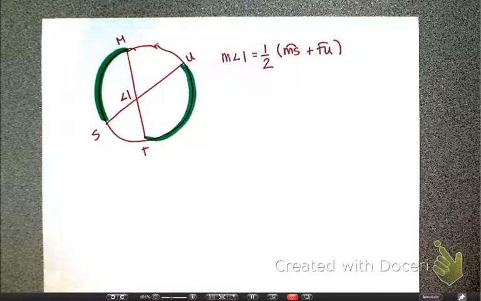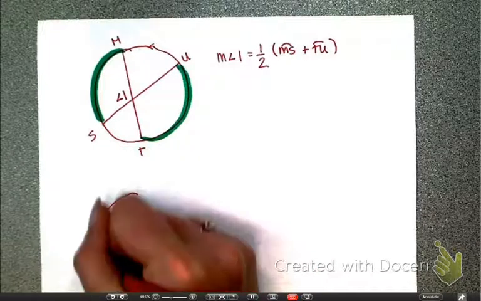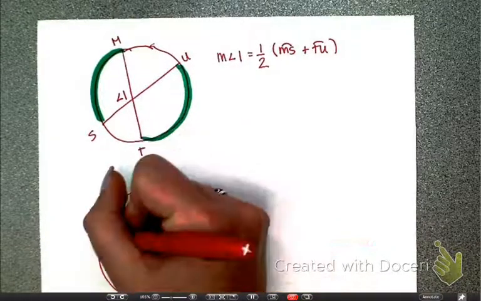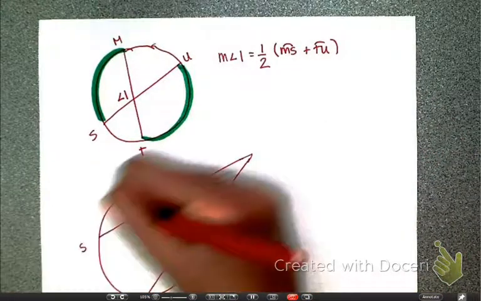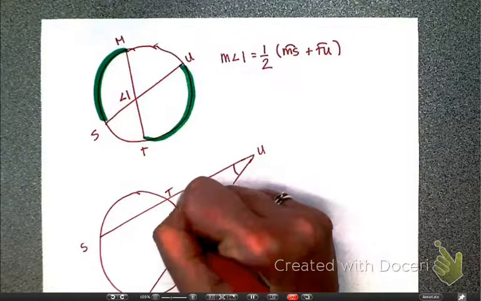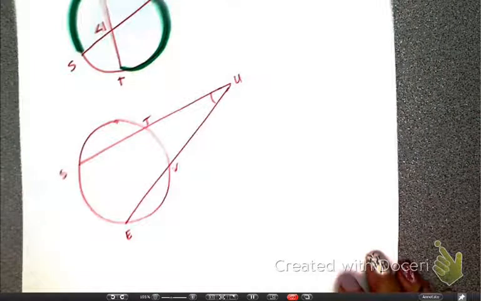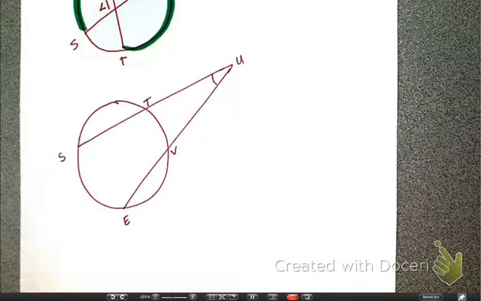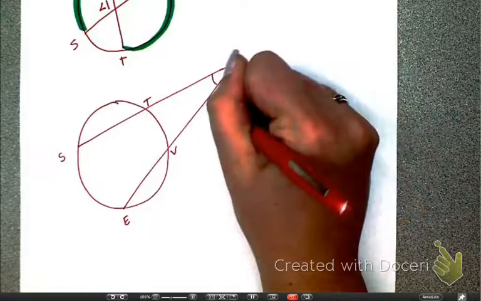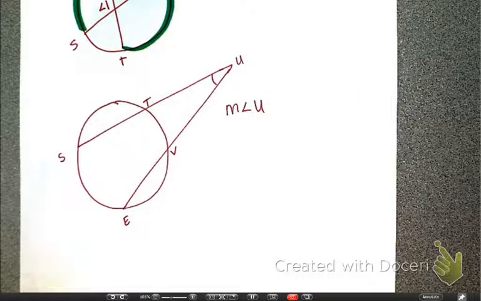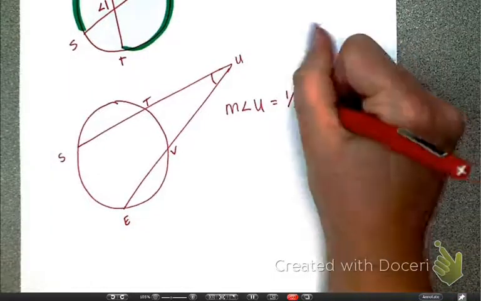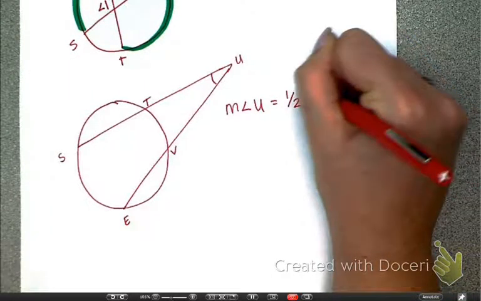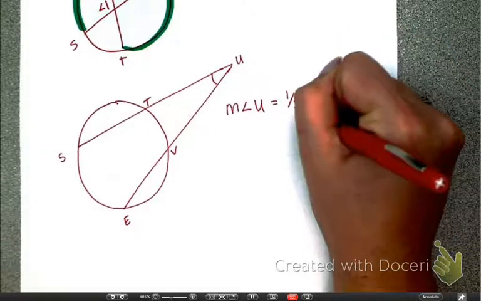All right, next one. So here we have 2 secants, and I'm looking for that angle. So the measure of angle U is going to be equal to half of the big arc minus the small arc.